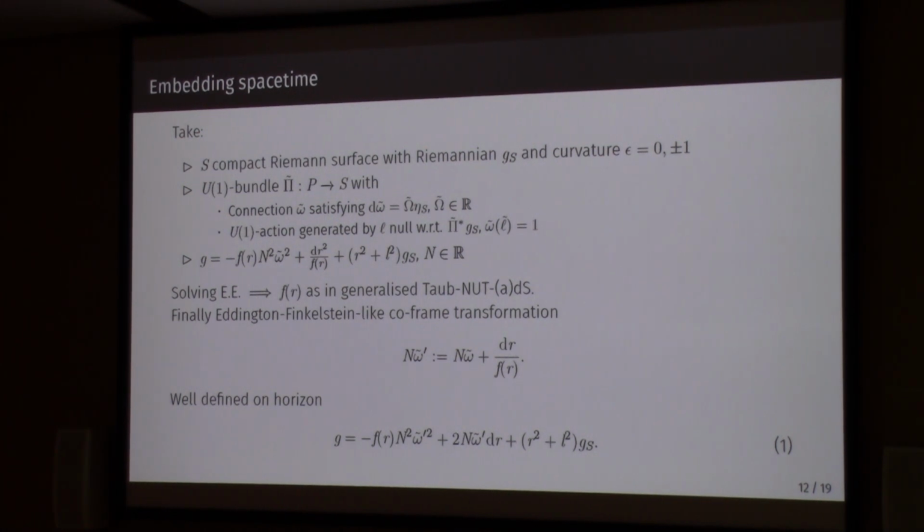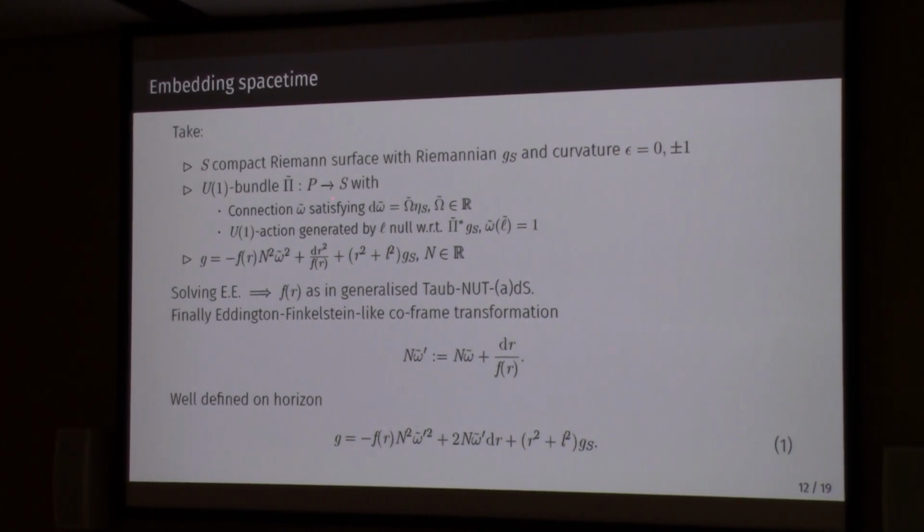This construction follows both the structure of this metric and the structure that we assume about the horizon. So we take a compact Riemann surface with a Riemannian metric of unimodular curvature.